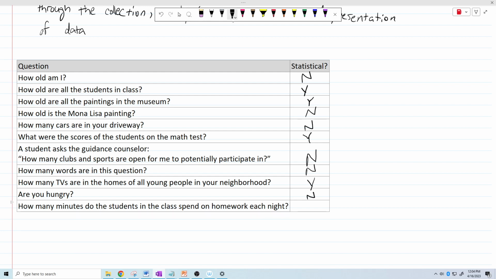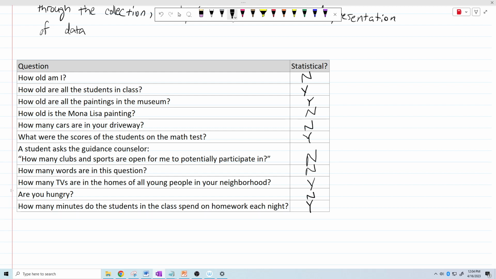I know you're not spending all your days and nights on homework, but, well, maybe some of you are, but most of you ain't. But again, that idea that some people are doing a set amount of minutes and some people aren't introduces variability to the answer to that question. So yes, indeed, it is a statistical question.